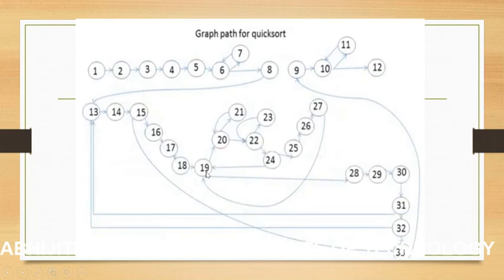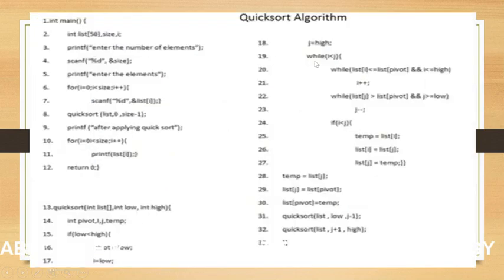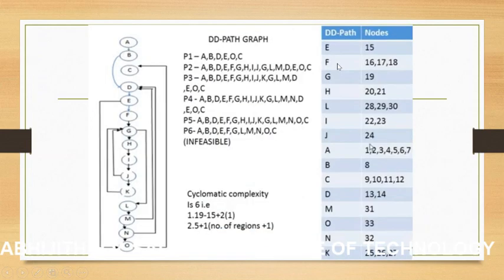And what is this 19? If you observe, 19 is a while loop. So it will enter into the while loop. Here the condition is satisfied, so it will enter into the loop body. We can construct like this: G, H, I, J. Again the while loop G, and now the while loop condition fails. So it will come back to L.